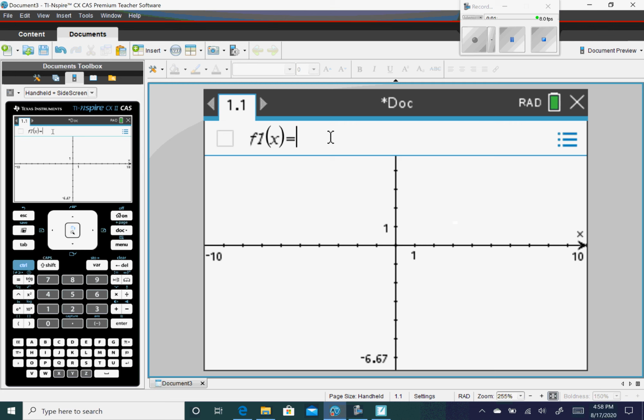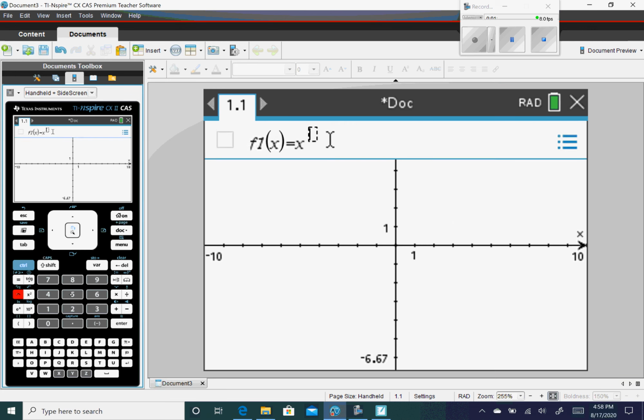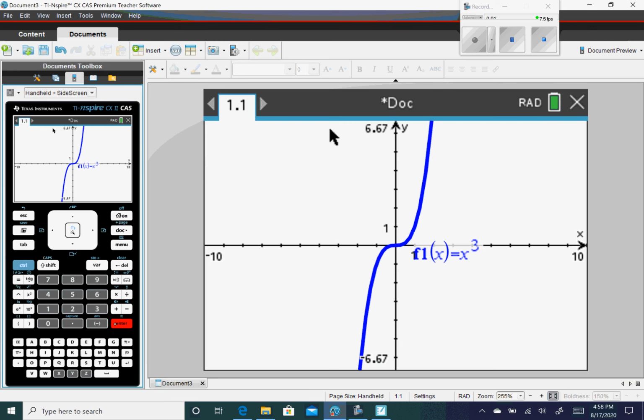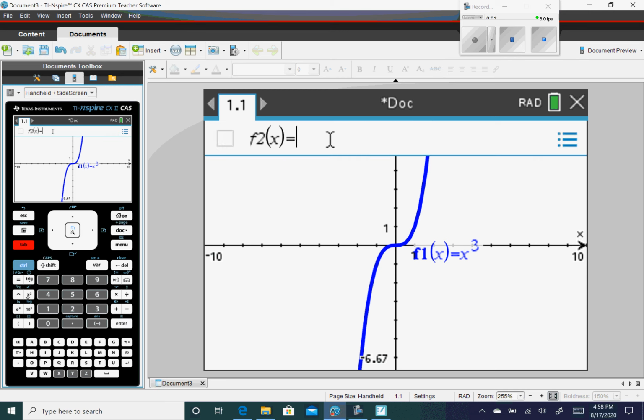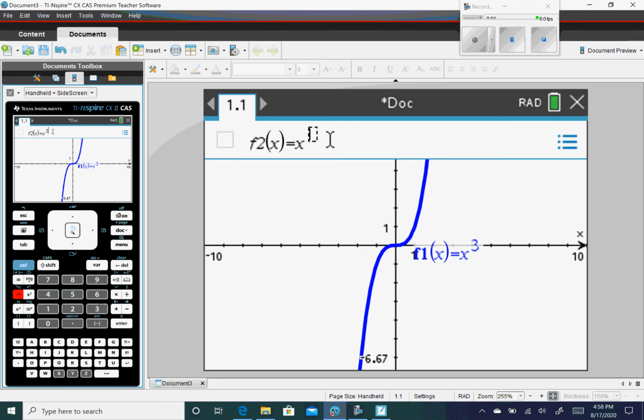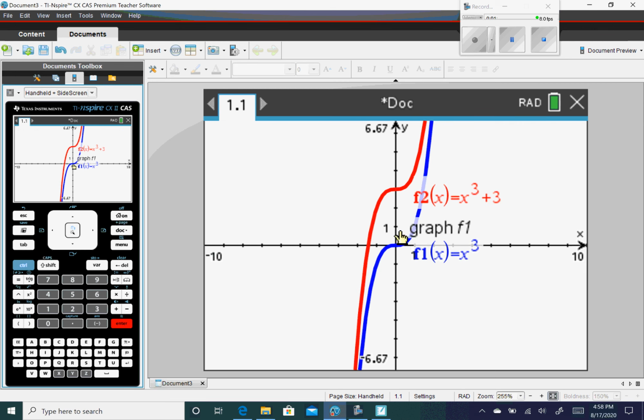So when we look here, I'm just going to pick x cubed as our function. So here's x cubed, and then if I see x cubed plus 3, we see that, and the origin, or a vertex if we have one, is a good way to view the transformation here.